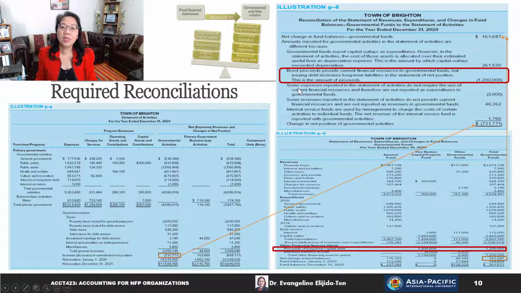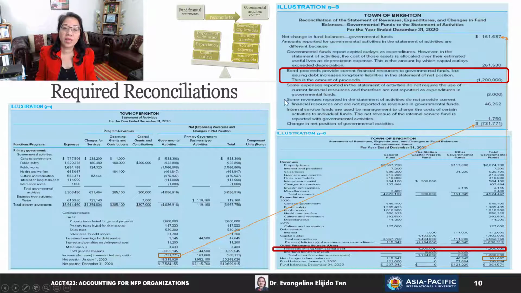All right. The next item, some expenses reported in the statement of activities do not require the use of current financial resources and therefore are not reported as expenditures in governmental funds. So it's included in the government-wide but not in governmental funds, so we'll have to deduct this particular expense. All right.